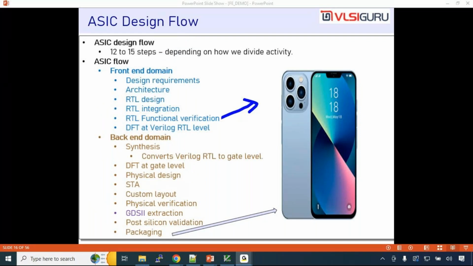Which has more job opportunities, front-end or back-end? See, things change. If I tell you, in house construction, going back to the example, who will have more opportunity, plumber or carpenter? When house construction happens, everyone has work, right? Sometimes the change will happen. Like right now, this has more opportunities.